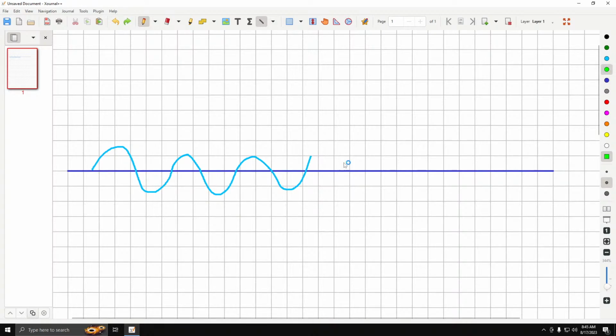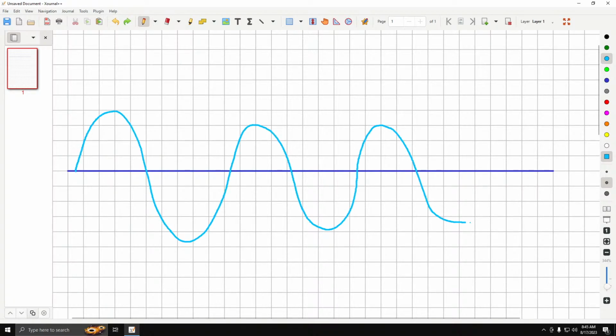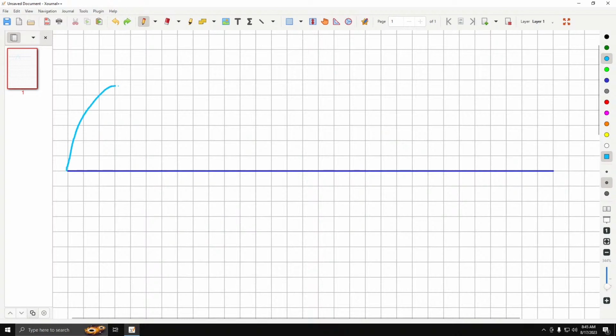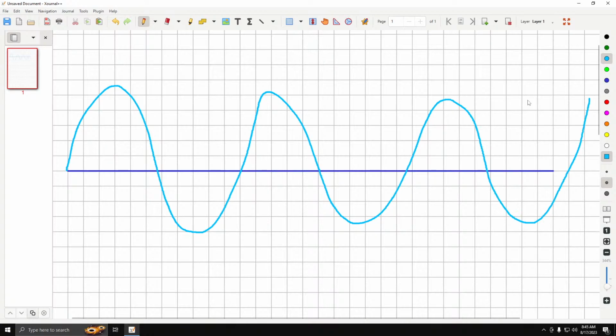Let's make this a different color. So these are like the amplitude levels it's quantized to. The sine wave would have to be a lot bigger for this to make sense, so let's make it really big. There we go.